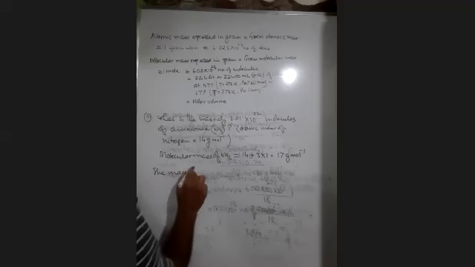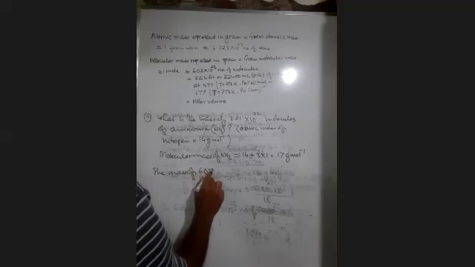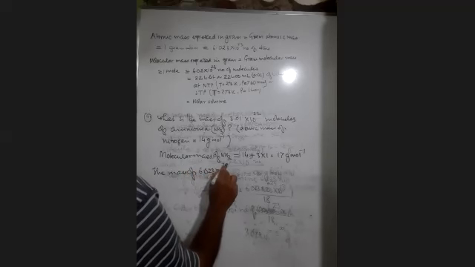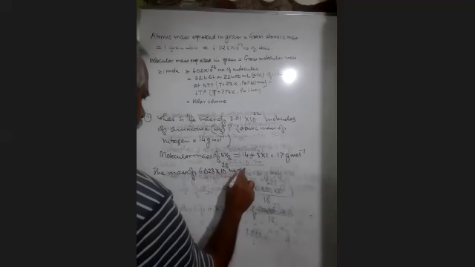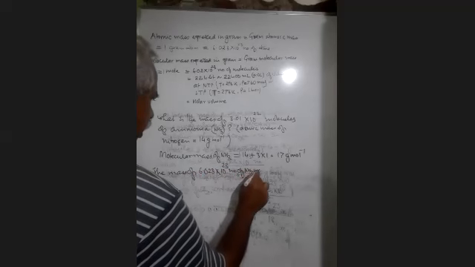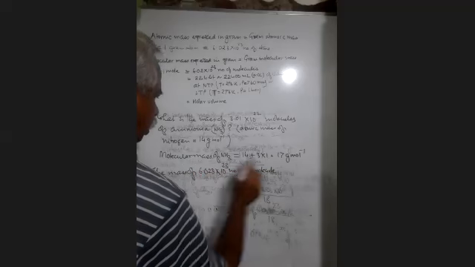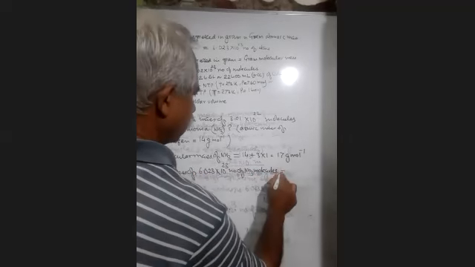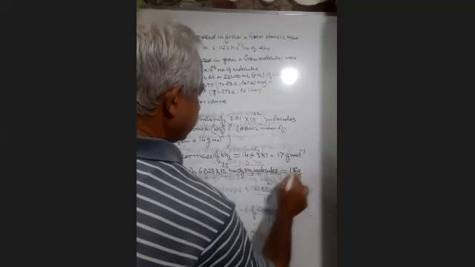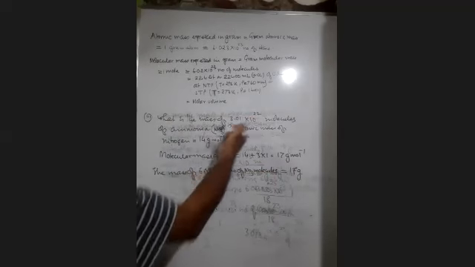So can I not write the mass of 6.023 into 10 to the power 23 ammonia molecules is equal to 17 gram? Per mole, because of that it comes, and each mole equals this many molecules. So now find from here, what will be the weight?